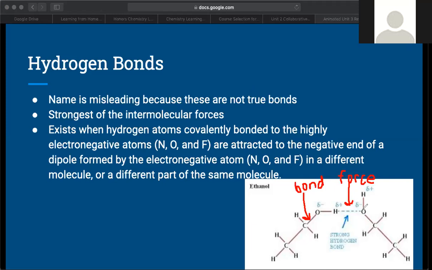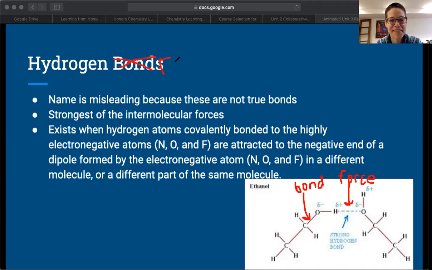Ah. Okay. So this should be hydrogen force. And we can blame biologists for calling it a bond because that's where it came from. But it is a force. It is between molecules. So the other thing to note here is that you can't have a hydrogen bond, say, with this hydrogen.